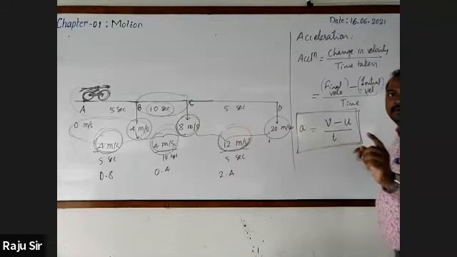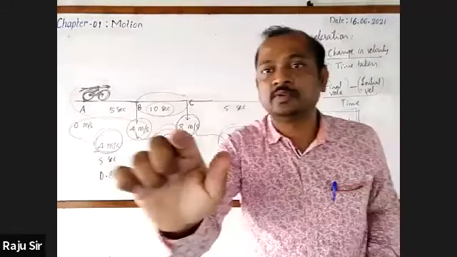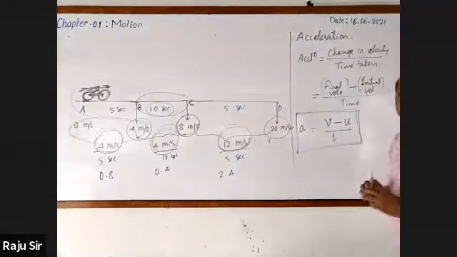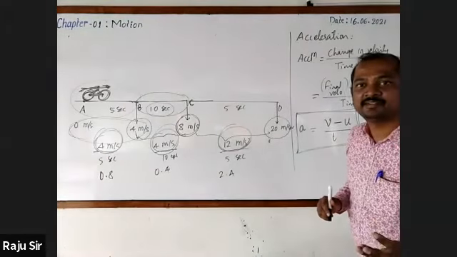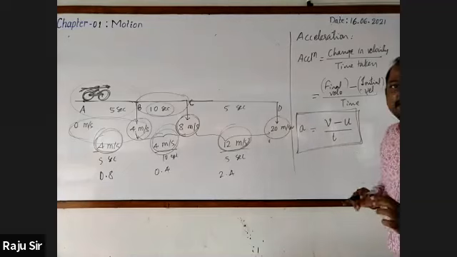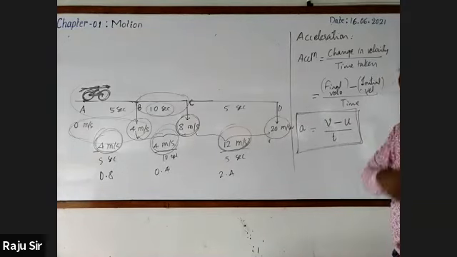Another question too. Samarth MV, say yes, sir. What does V minus U indicate? Change of velocity. Well, somebody told.